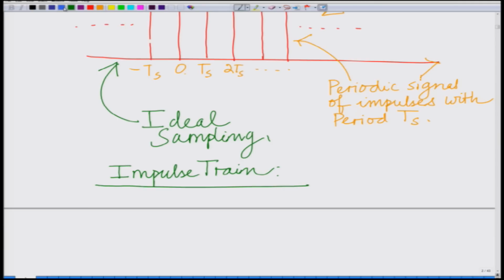If you look at this impulse train, we have impulses once every Ts. So, you have impulses at 0, at Ts, at 2 Ts, and so on, and you also have impulses at minus Ts, minus 2 Ts and so on.